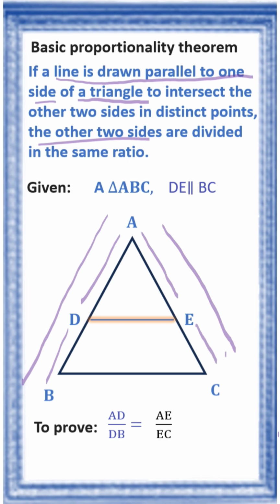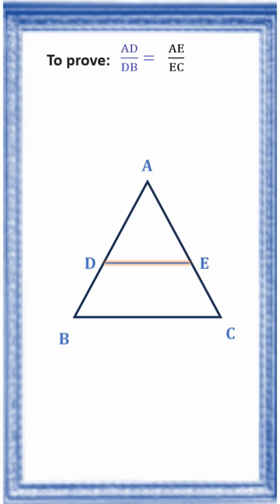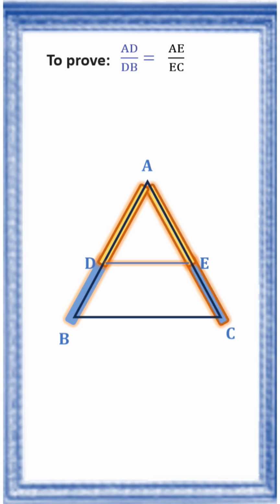If you write AD by DB is equal to EC by AE, it will become wrong. Okay, now to prove AD by DB is equal to AE by EC, observe that AD is this one by DB is equal to AE by EC.